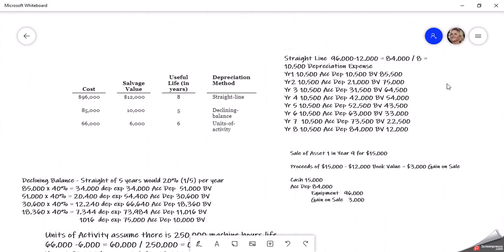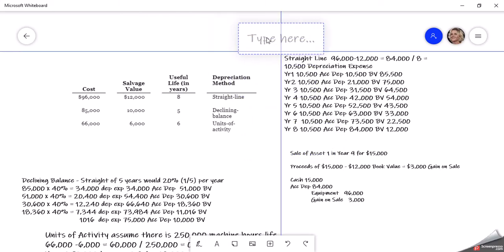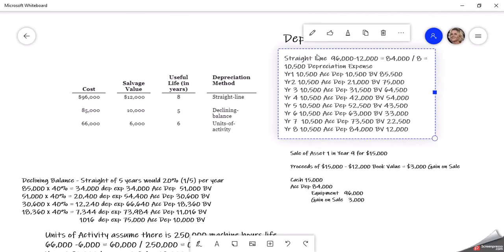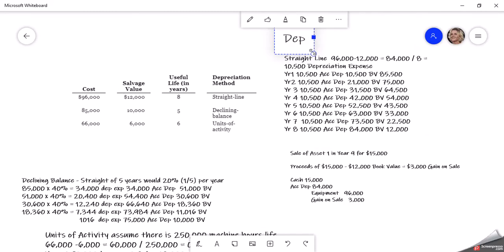If I wanted to come back up here and say, okay, well, what's my journal entry when I record the depreciation? I'll slide that up above here. We're going to debit depreciation expense for the $10,500.